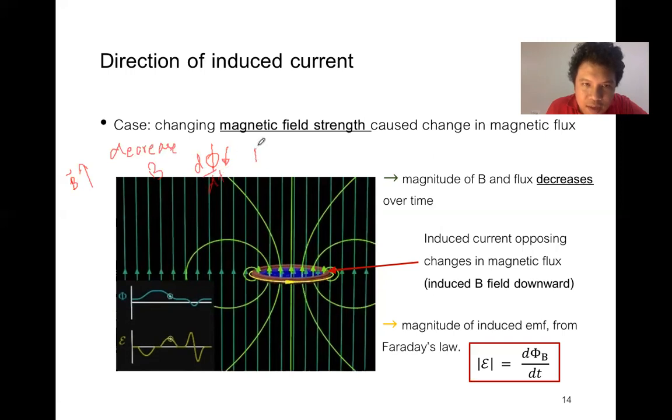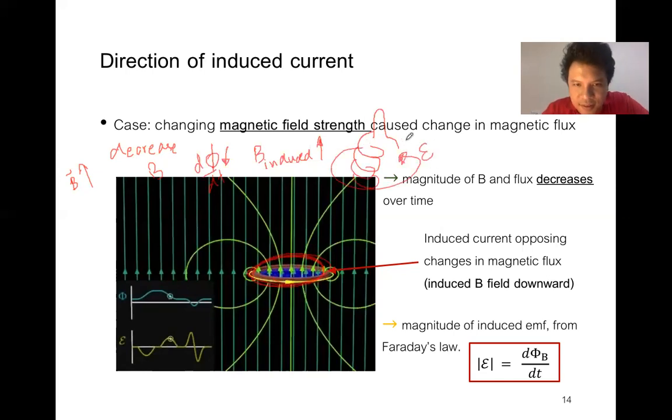When d phi by dt is going down, the induced magnetic field B induced is going up. When you have B induced going up, you use the right hand with the thumb up. When you do the thumb up with your right hand, then you can determine the direction of the induced EMF by your fingers.